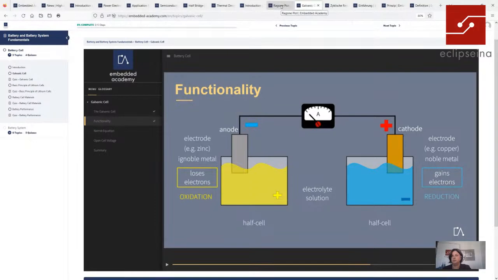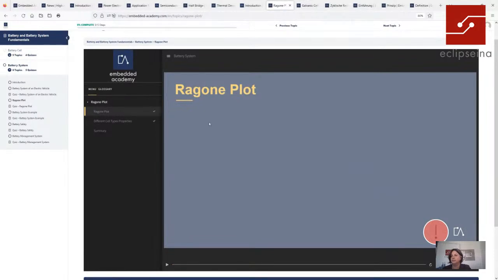And the second part I would like to go into is the Ragone plot. The Ragone plot is showing energy versus power and is giving you an indication on which battery type is the right one for your application.